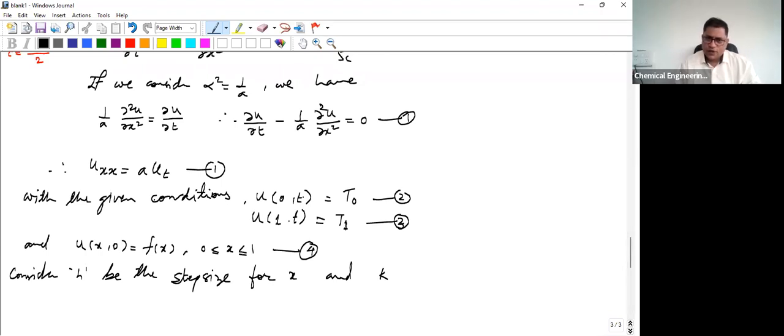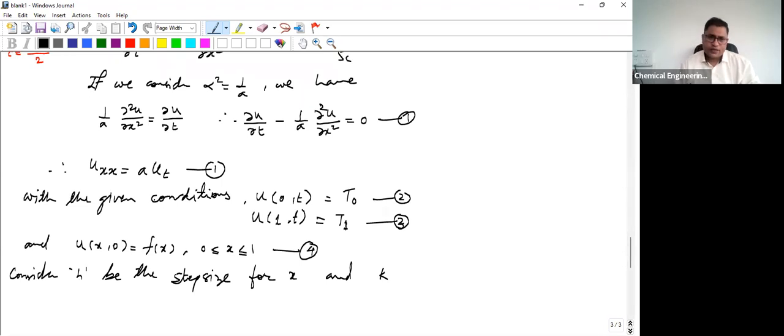So when x is 0, for any value of t, it is T0. When x is 1, for any value of t, it is T1. So we have these boundary conditions T0 and T1, with the initial condition that when we put t equal to 0, we have f(x) only. And here x is running from 0 to 1.